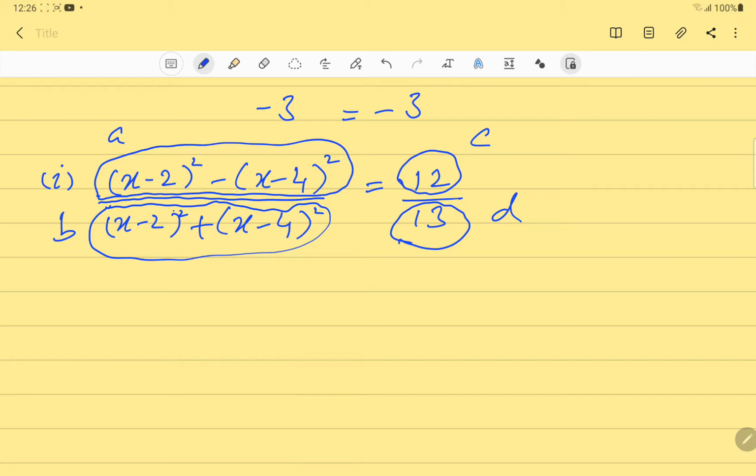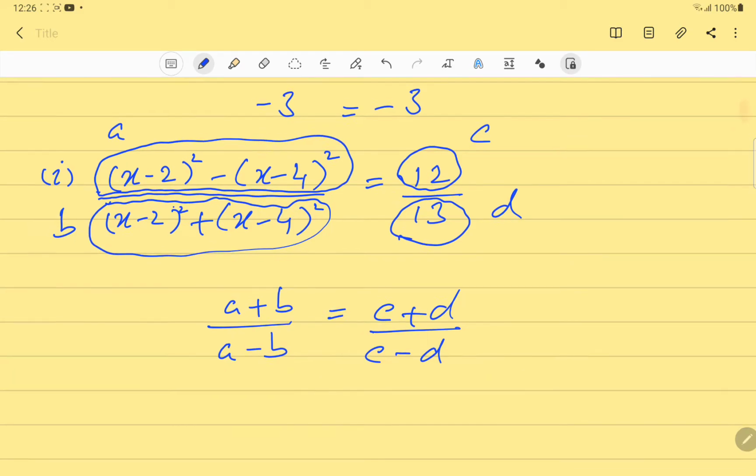And our theorem is (A plus B) over (A minus B) is equal to (C plus D) over (C minus D). Okay, let's substitute the values.